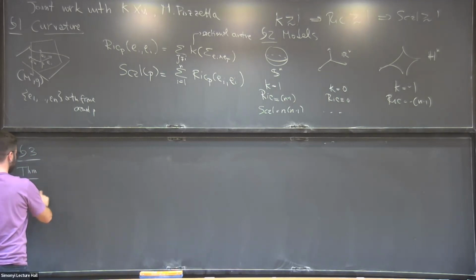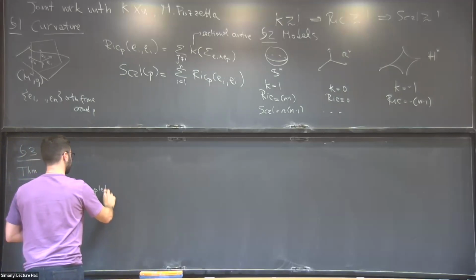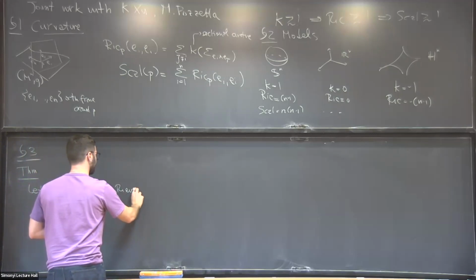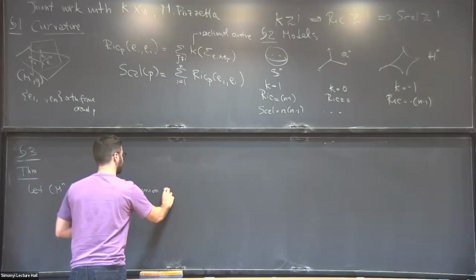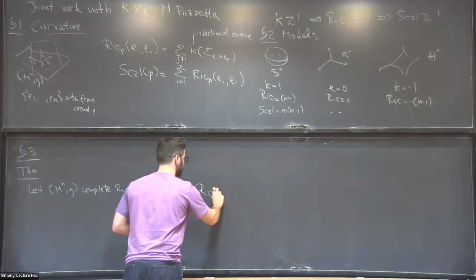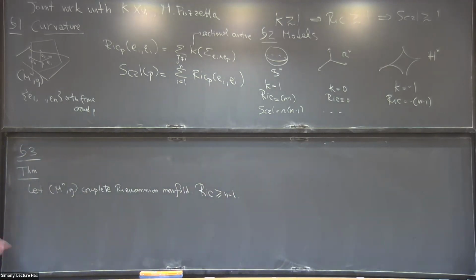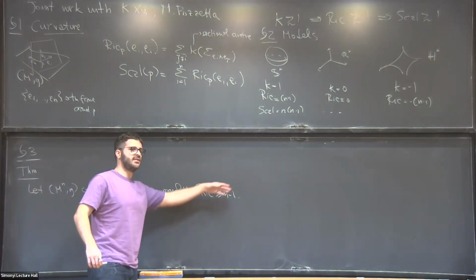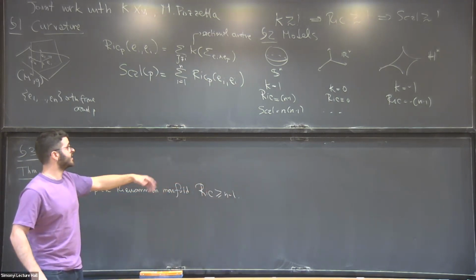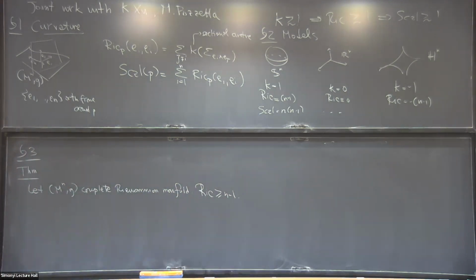First of all, you start with a complete Riemannian manifold, and you assume that the Ricci curvature is bounded from below by that of the sphere. By this I mean that at every point, testing against every unit vector, Ricci is greater than or equal to n-1.